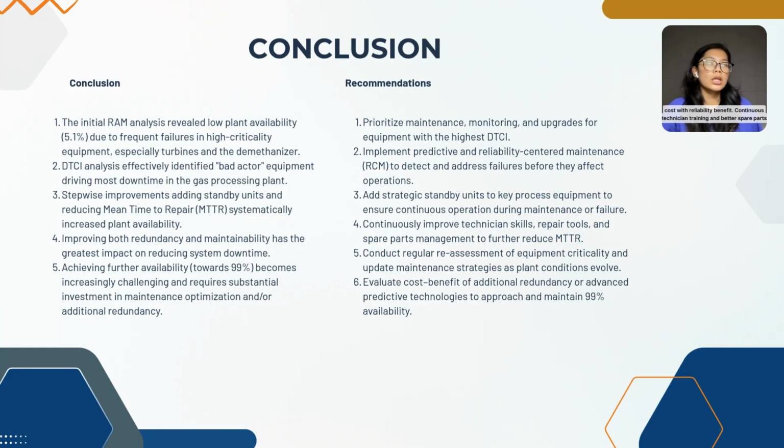Continuous technician training and better spare parts management will further reduce MTTR. Regular reassessment and simulation updates are needed to adjust strategies over time. Finally, a cost-benefit approach is crucial when considering further redundancy or advanced predictive technologies to inch closer to the 99% availability target. Following this recommendation will help maintain world-class plant reliability and operational excellence.